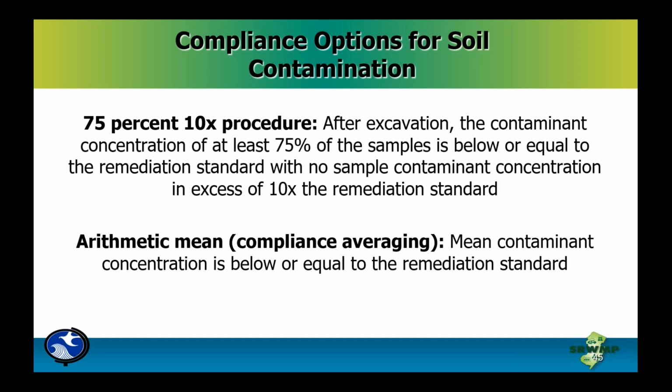Sorry, Lynn Mitchell. The 7510X rule is 75% of the samples, and you must have a minimum of 8 samples. It works for the contingency for naphthalene and 2-methylnaphthalene, but chances are you're not going to have 8 samples where you've analyzed for 2-methylnaphthalene or naphthalene, because that just does not happen on UHOT cases.